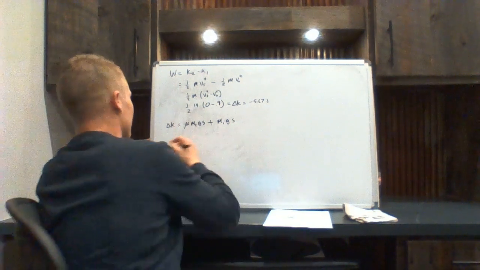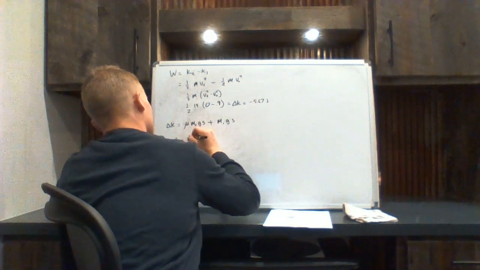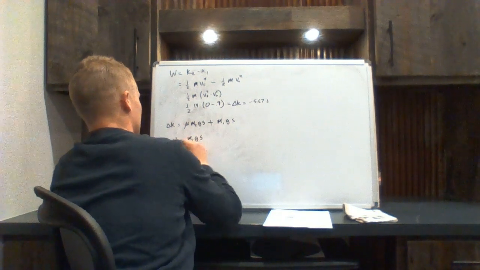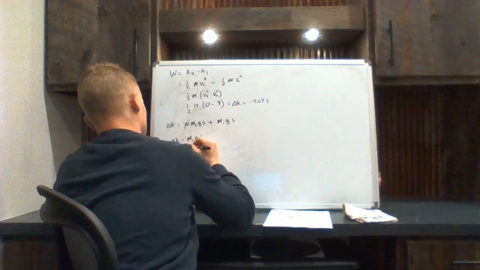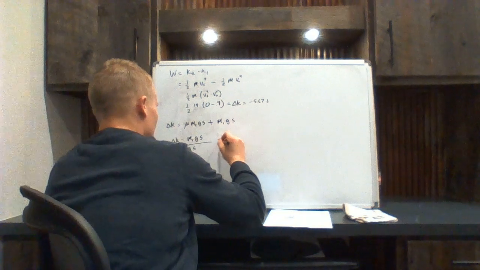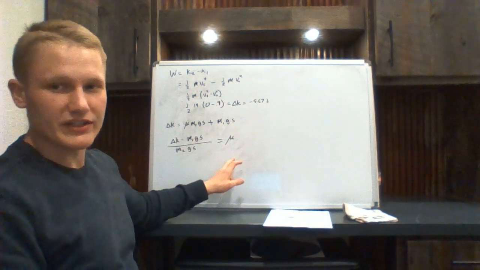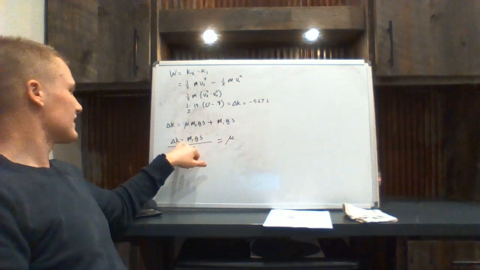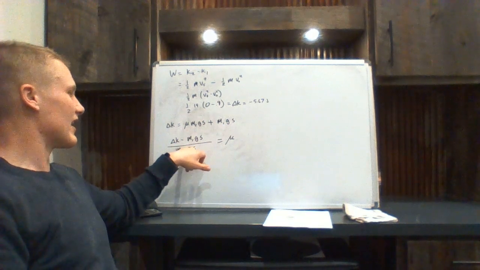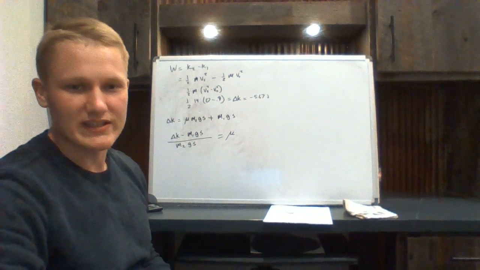So let's see, our coefficient of friction will be equal to delta K minus M1 gravity S, divided by M2 gravity S, where S is our distance.